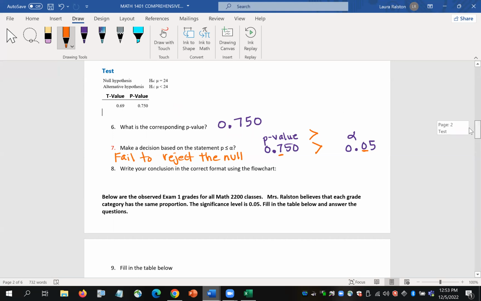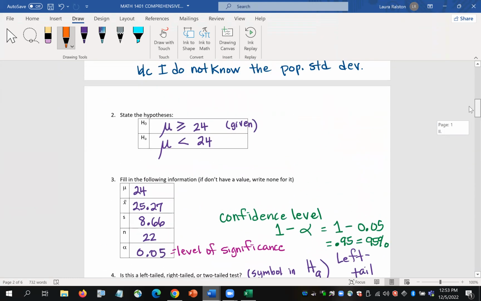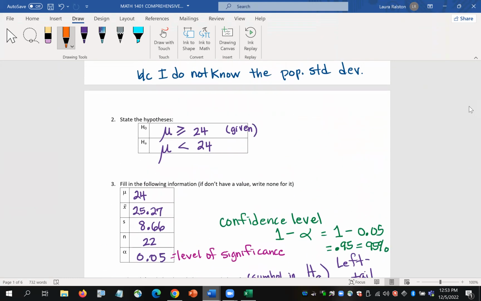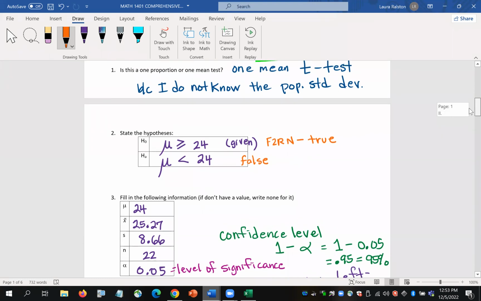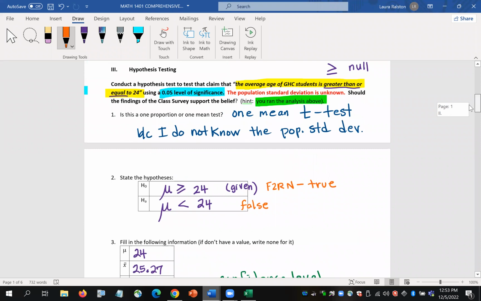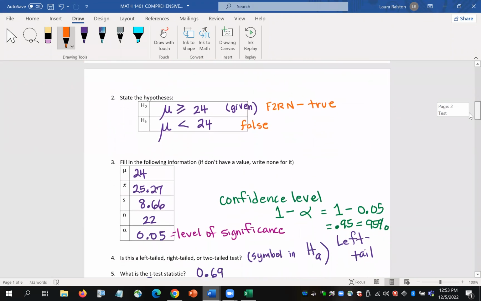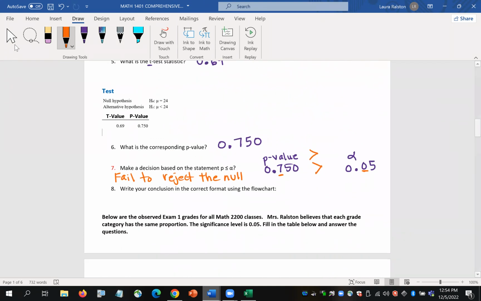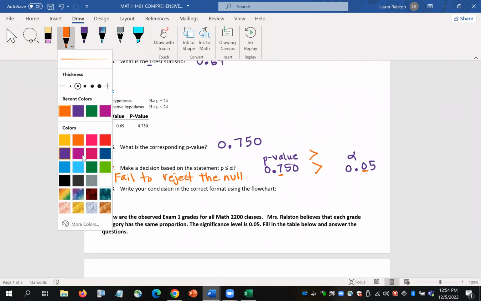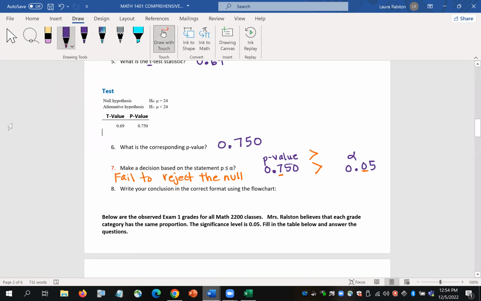So, thinking about what that means, if I go back to my hypotheses and I fail to reject the null, that means the null is true and the alternative is false. The conclusion is always written in terms of the true statement. My statement was the average age of GHC students is greater than or equal to 24. Your conclusion always includes your level of significance.